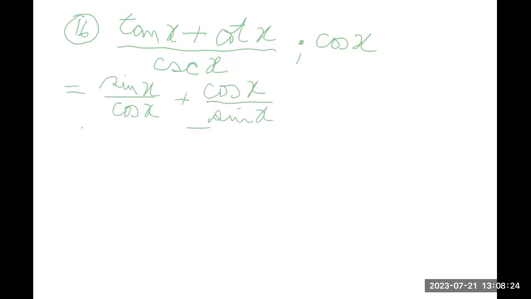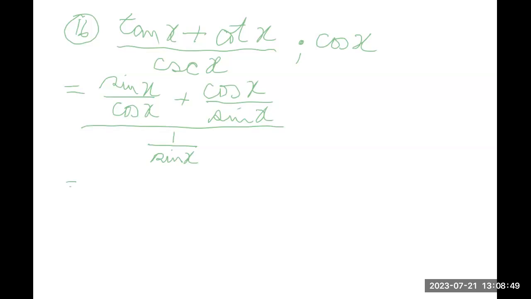And cosecant is 1 over sine. And let me combine the two terms in the numerator and bring this 1 over sine x up as a product with a multiplication with sine x.